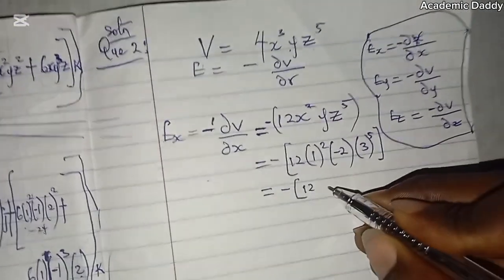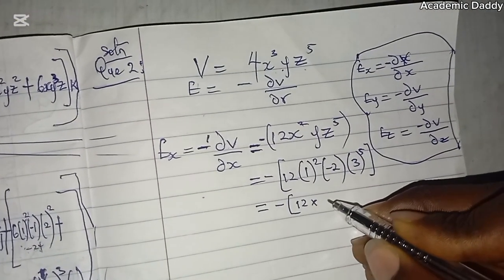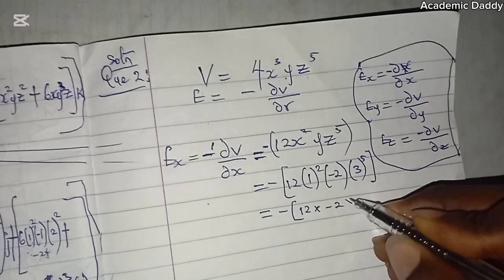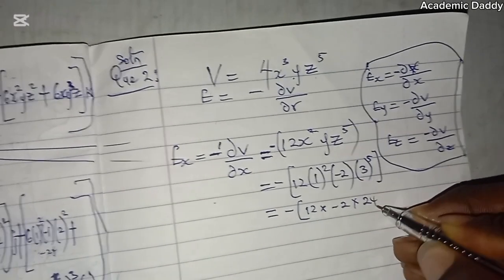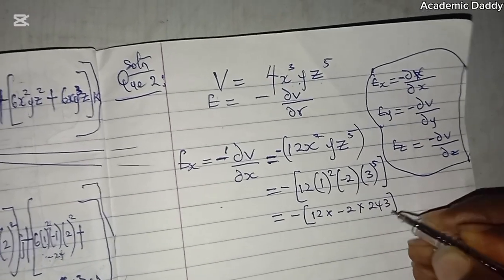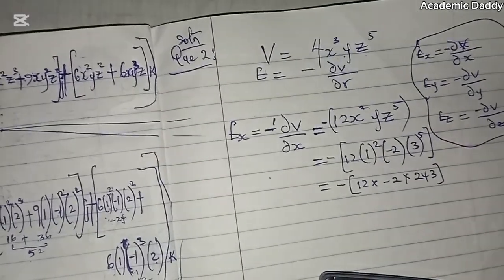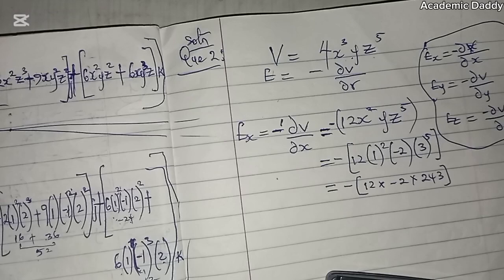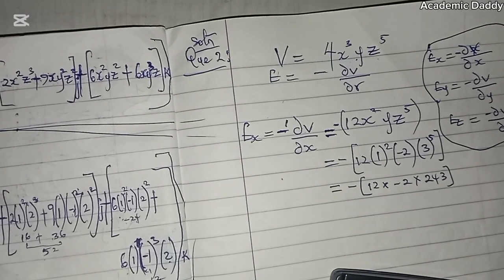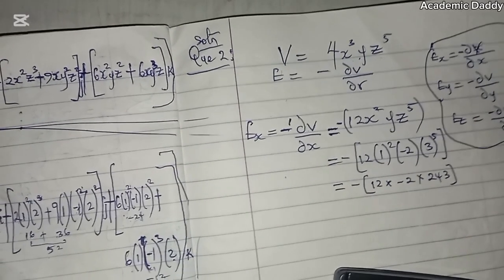So I'll now have times minus 2 times 243. So you now see that this is going to be minus 2 times 12 times 243.